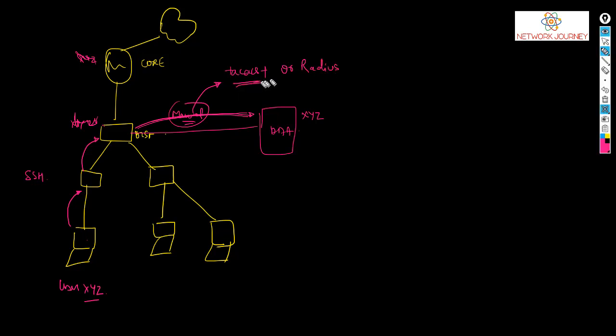Whichever your organization prefers, you don't need both, it is either one of them. The AAA server will authenticate, authorize, and say yes, he is a legitimate user, allow him access, and then you get the SSH console. So this is the whole concept behind the AAA server.